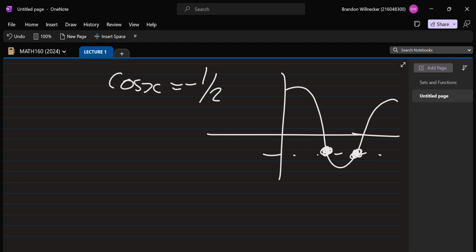Okay. 120, that's going to be that second one there. There's another one. Okay, think about it. You got the graph, okay? So you've got 1, cos of 60 is a half, okay? So where does it go to minus a half?